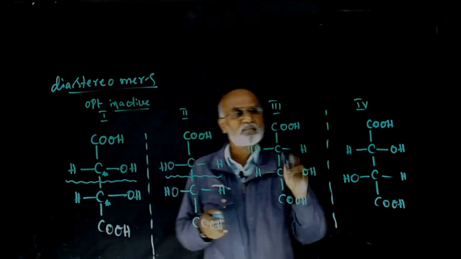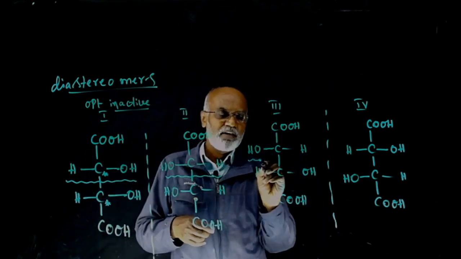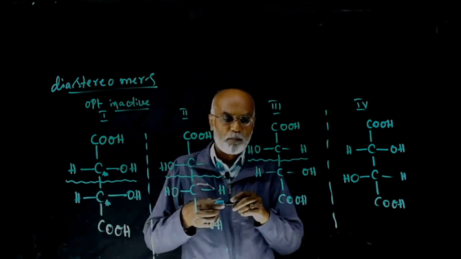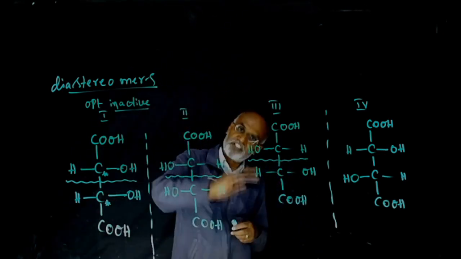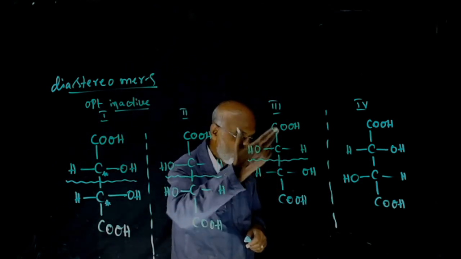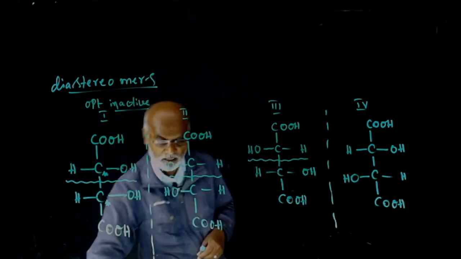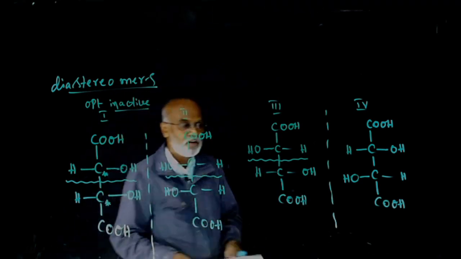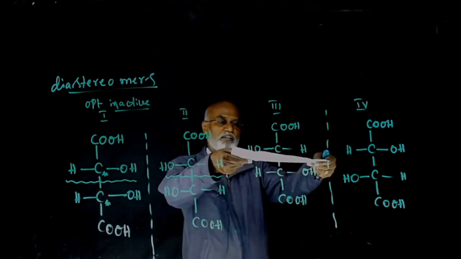Whereas structure 3, look here, when we divide the molecule through this particular plane, it divides the molecule into 2 identical halves, but they are not related with each other as an object and mirror image.